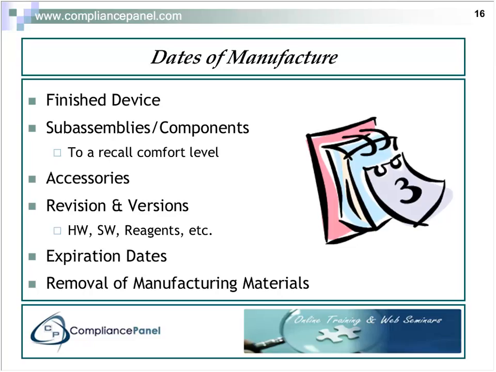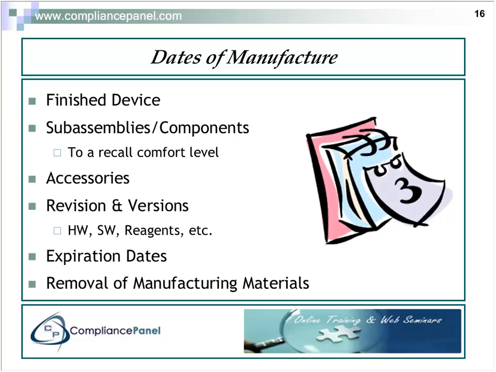So instead of having to recall maybe one batch or one lot or even several units, now you have to look and say, well, we got these components in 9 months ago, and we don't really know where the cut-in date is. So now your recall ends up being a lot broader than it needs to be.